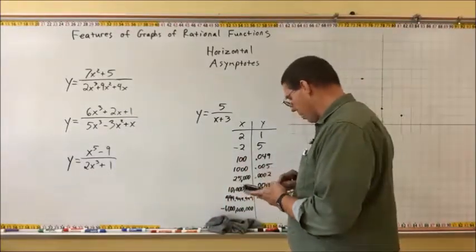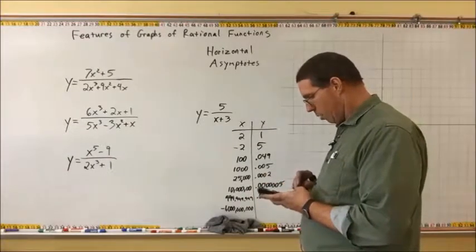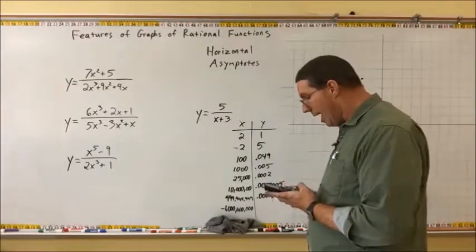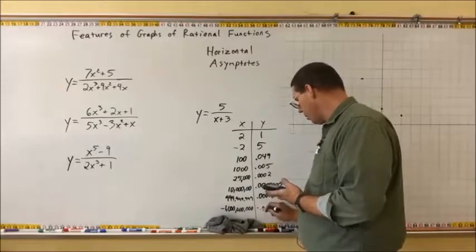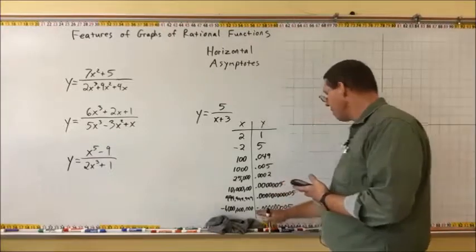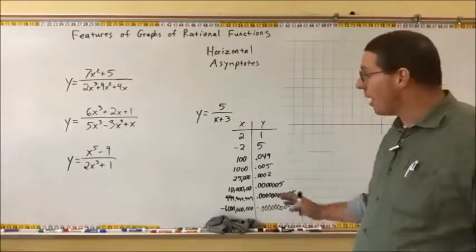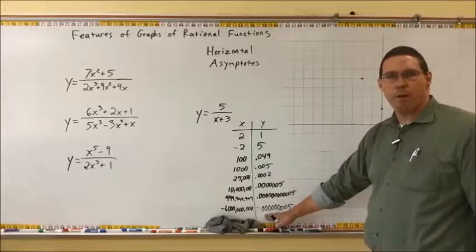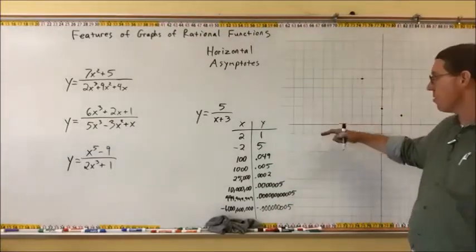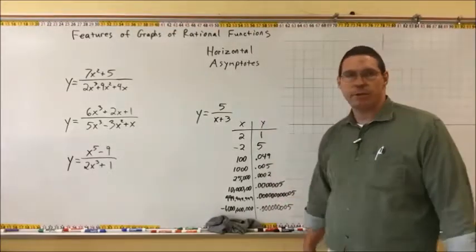Here, 5 divided by negative 1 billion plus 3 gives basically negative 0.000000005. There is no negative 0, but it means the output values are approaching 0 from below the x-axis, coming up from the bottom, whereas the other side comes from the positive side and goes down to 0.